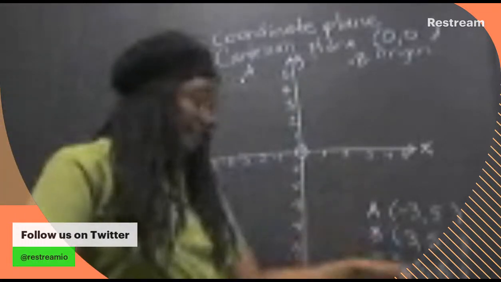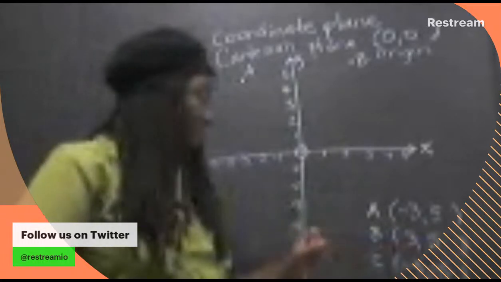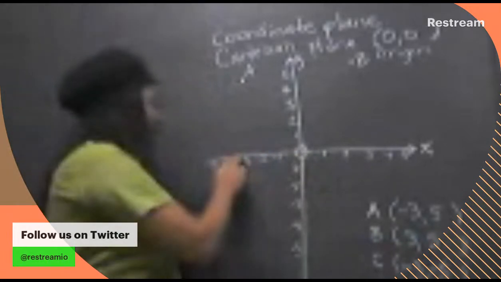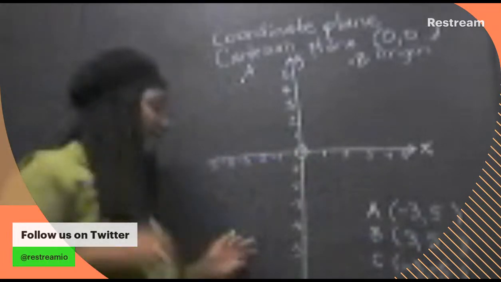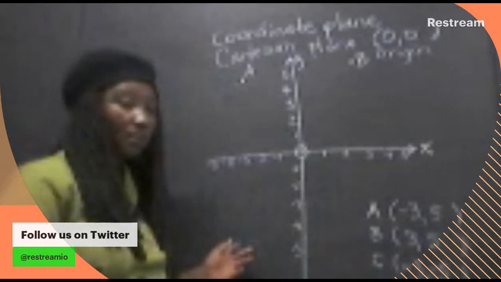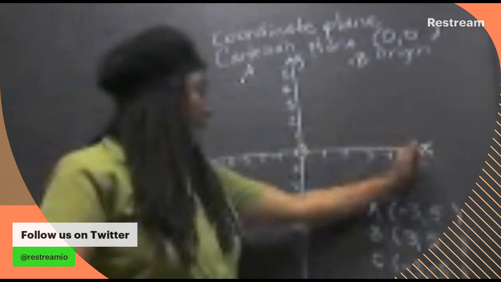All right, so for point C, it's negative 3 and negative 5. So it's negative 3 on the x and then down, because when it's negative on the y, we move down. Positive on the x, we move to the right. Negative on the x, we move to the left.